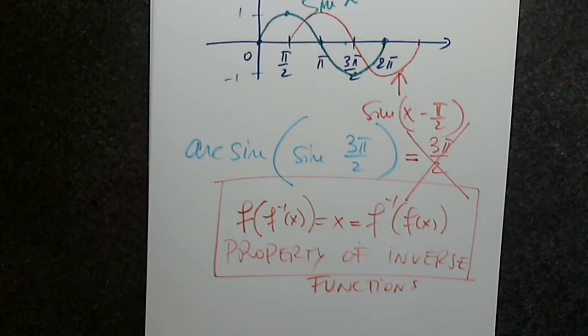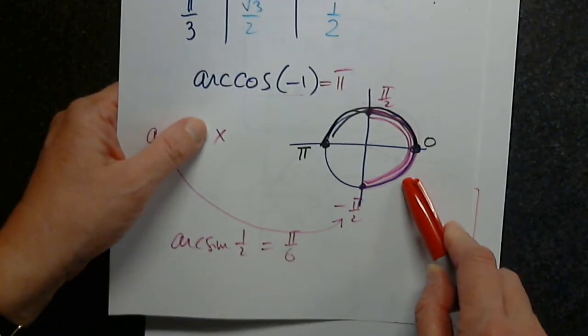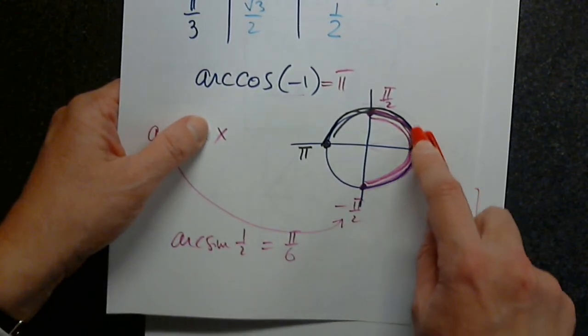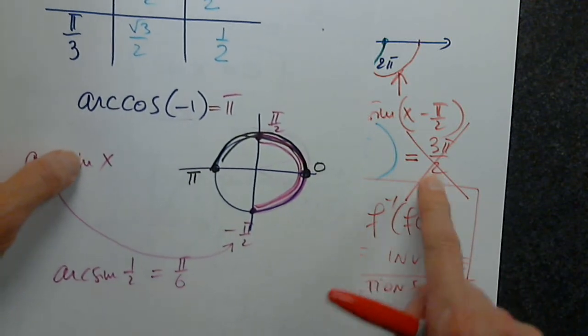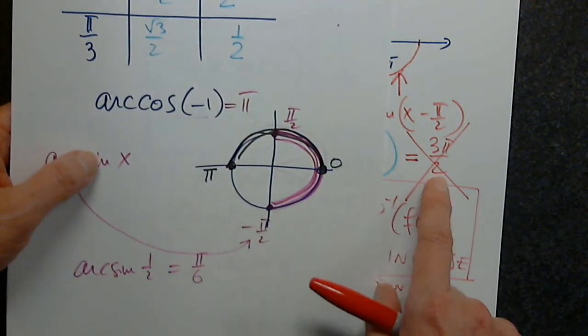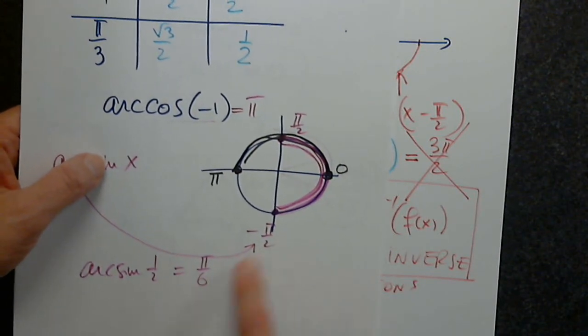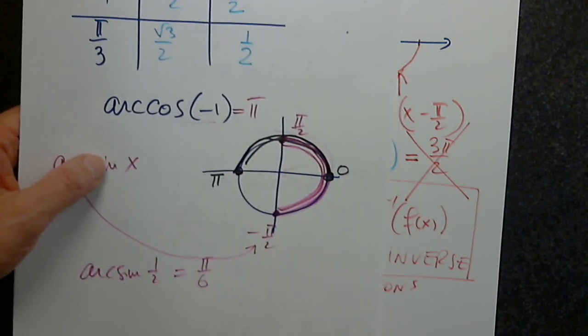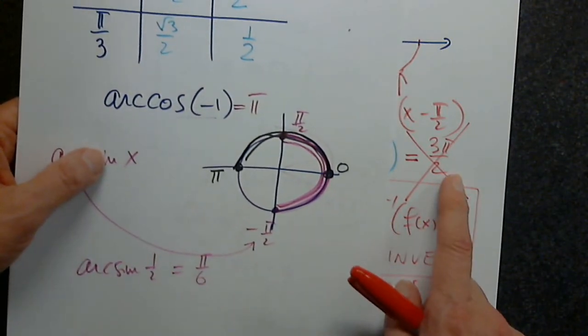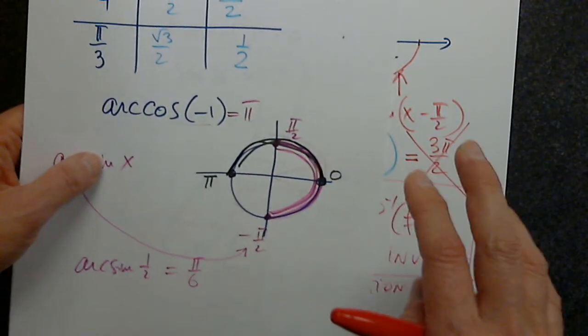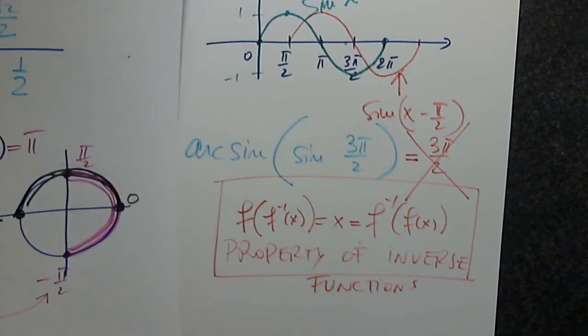As I mentioned a few minutes ago, the answer for arcsine has to be an angle between negative pi over 2 and pi over 2, and 3 pi over 2 is not. You can say it's the same point, but I cannot write it as 3 pi over 2. I have to write it as negative pi over 2.